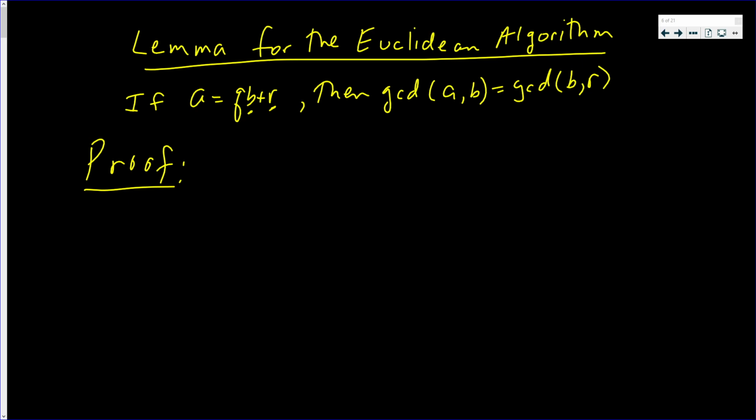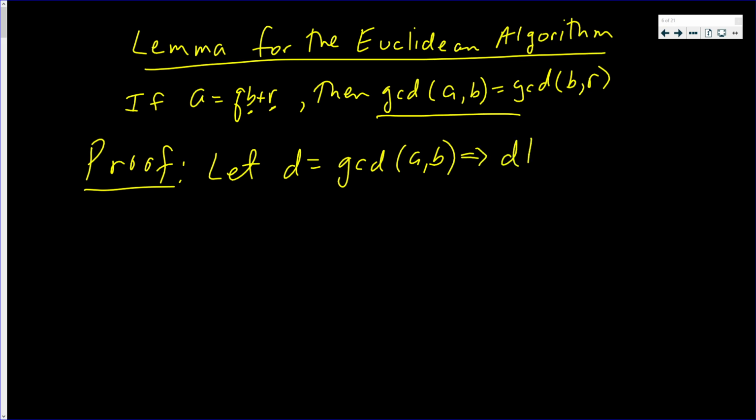Okay, so the GCD of A and B, let's call it D. Let D be defined to be the GCD of A and B. Well, this implies that D divides A and D divides B. But if you look at what R equals, R is equal to A minus QB.